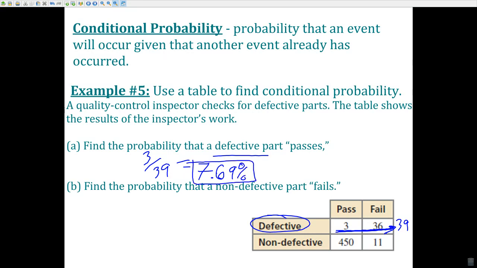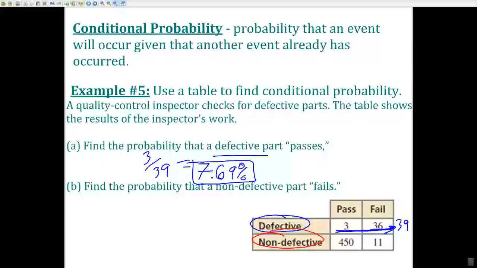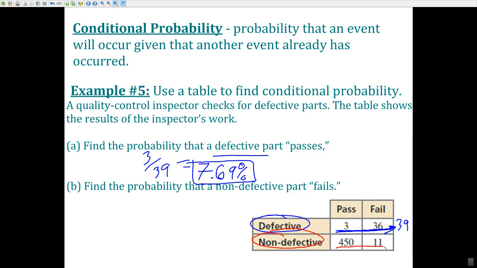of it passing. And then we're going to do the same thing with this next one. Find the probability that a non-defective part fails. Right, so only looking at the non-defective parts, there's a total of 161 non-defective parts they checked, and 11 of them failed out of the 161 of them.